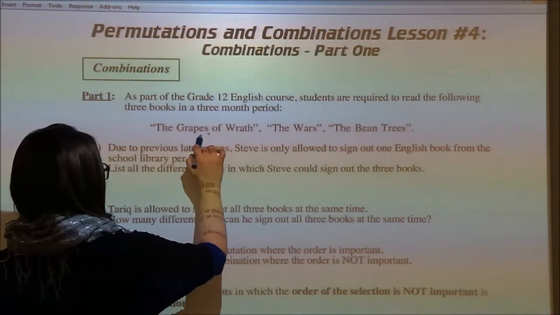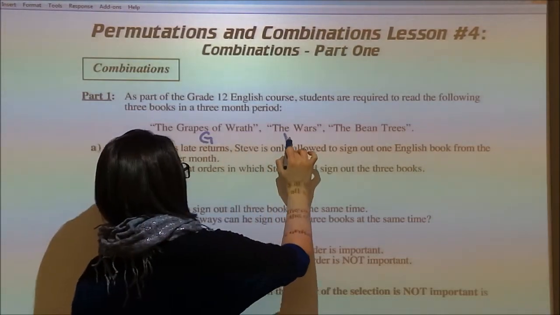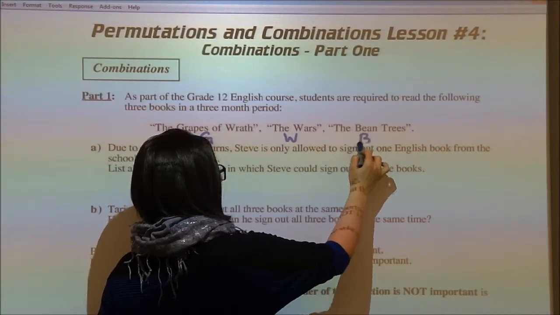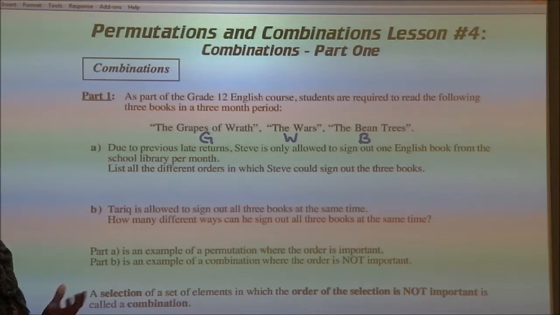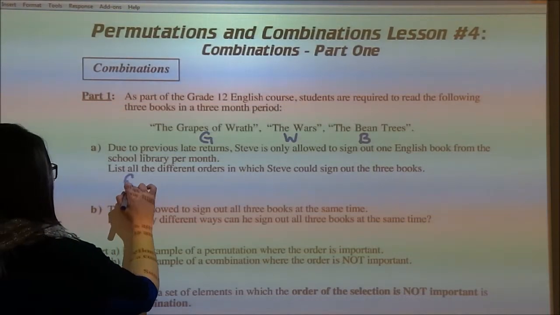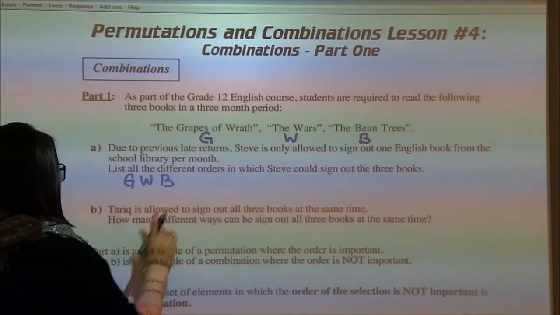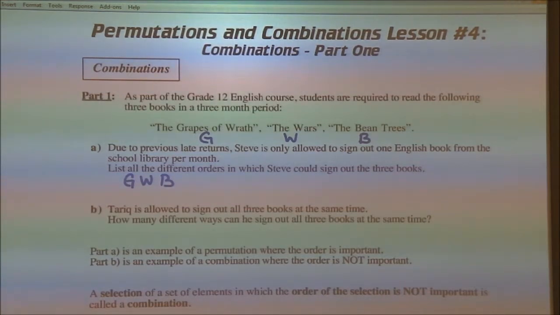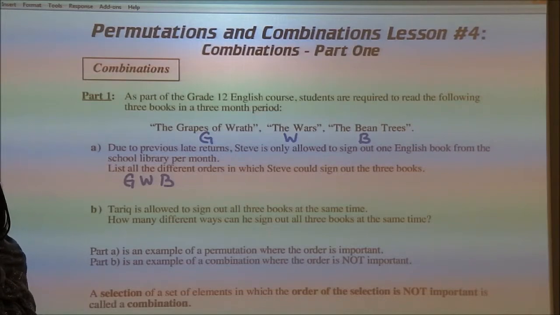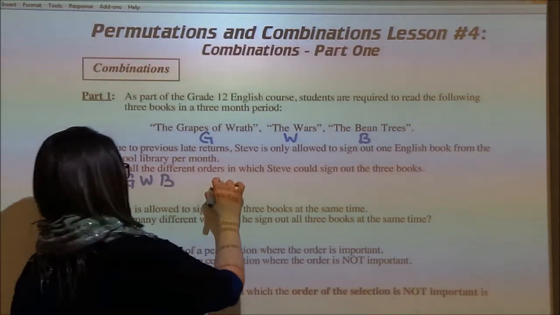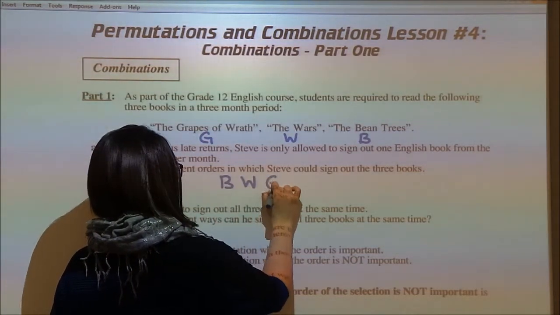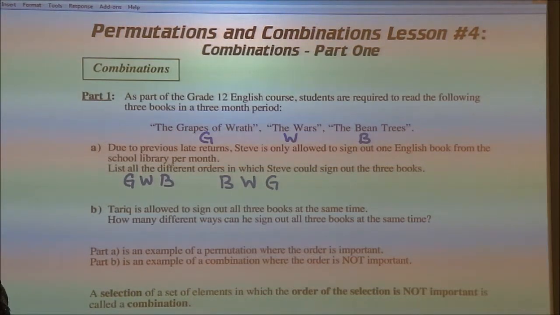And we'll use G for Grapes of Wrath, W for The Wars, and B for Bean Trees. So that would be one possible order. What would be another possible order? BWG. Okay. WG.